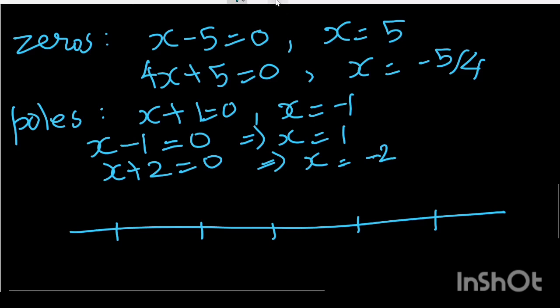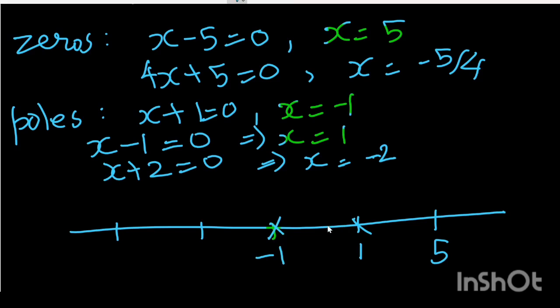The biggest one is 5. So x equals to 5, we will write on the rightmost. So this is 5, followed by the next, which is x equals to 1, which is a pole. So x equals to 1 we will write. We'll mark it by a cross sign as usual, and then followed by minus 1. So minus 1 is the next pole, cross sign, minus 1 we will write, guys.